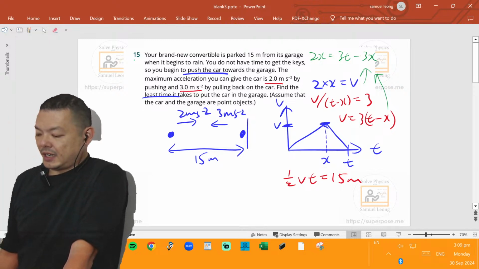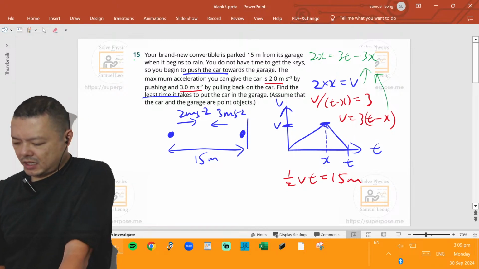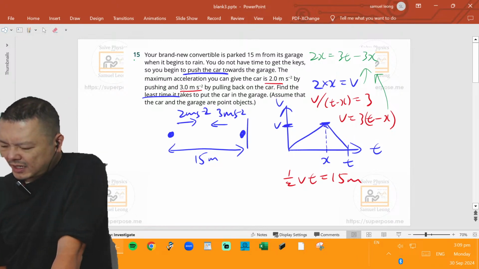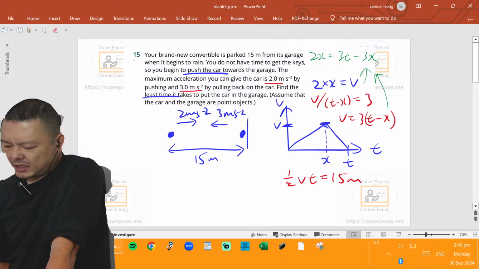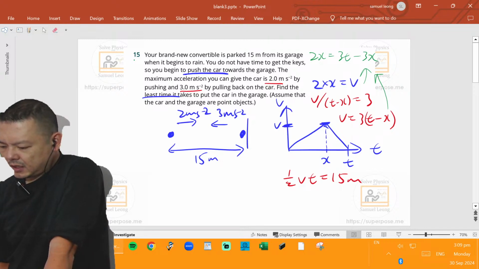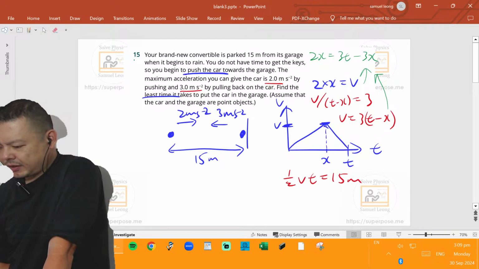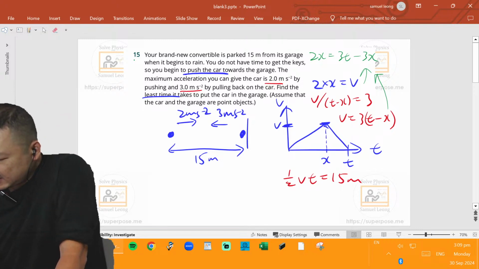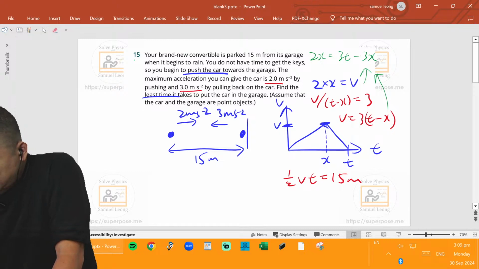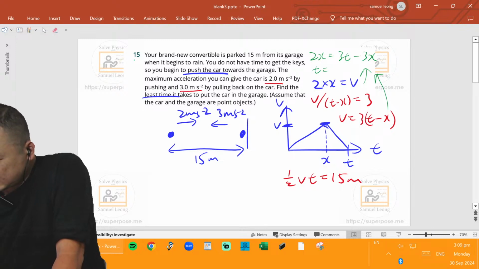Then should we put t as the subject or x as the subject? I think we should put t as the subject. So t is 5 over 3x? Then I want to sub this into here.